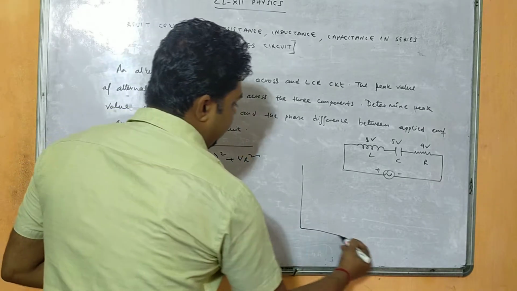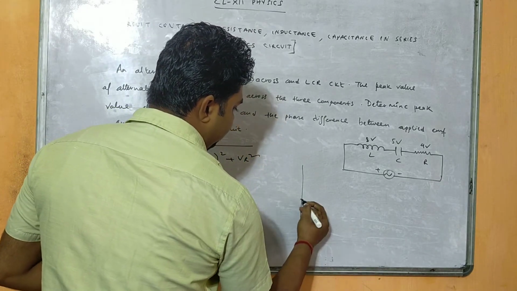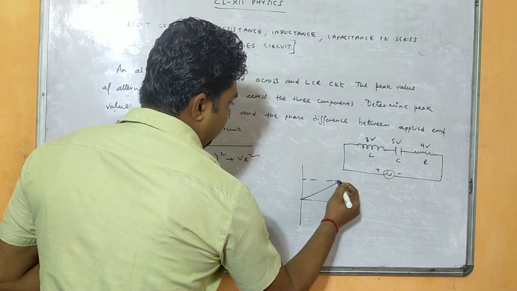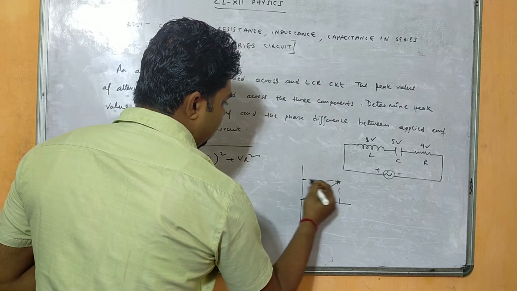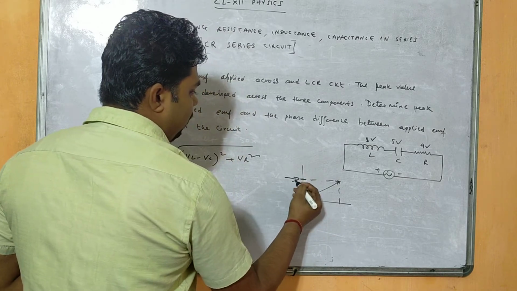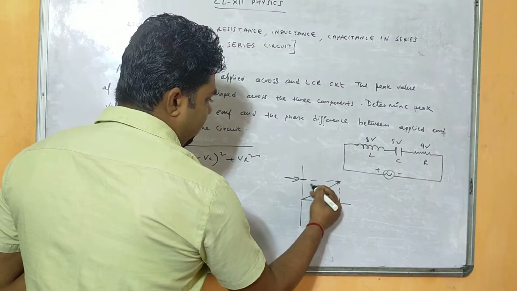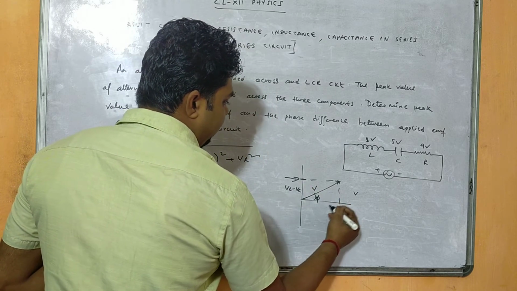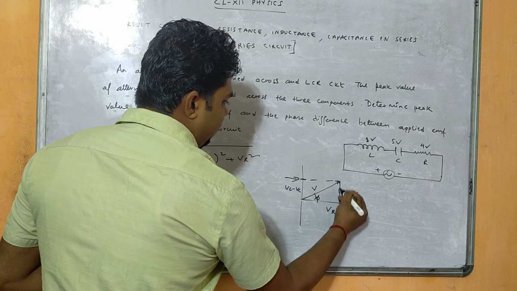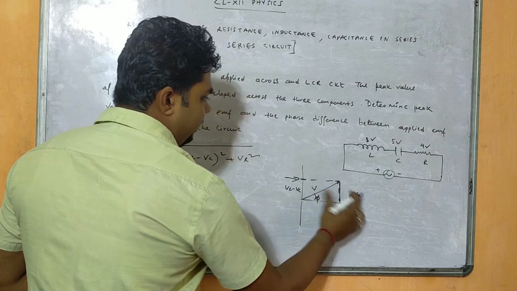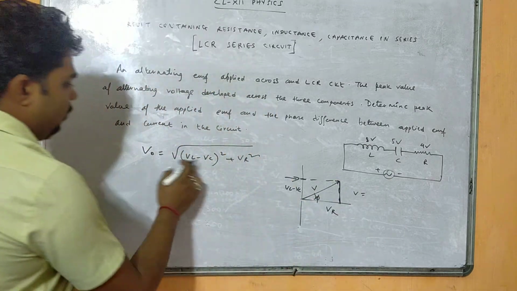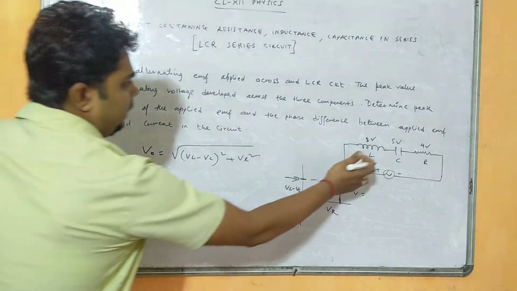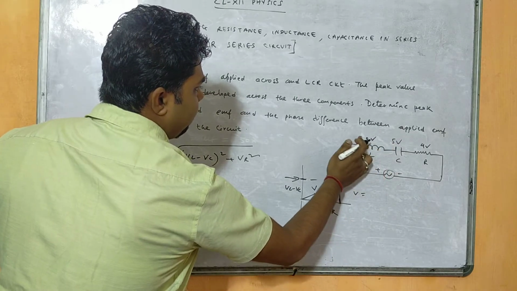So this was the phasor diagram, if you remember. This is the peak voltage, V0, which is given by the resultant of VL minus VC and VR. So this magnitude is given by V0 equals root under (VL minus VC) whole square plus VR square.